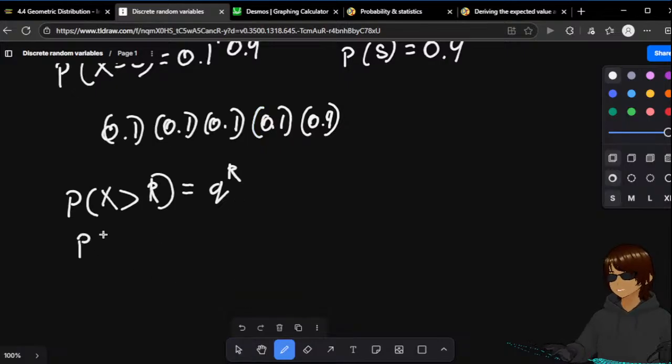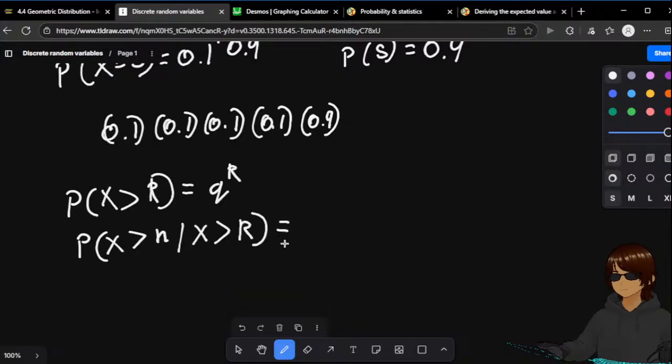And probability that x is more than n given x is more than k is equal to q to the n minus 1 times p, divided by... probability that x is more than n.